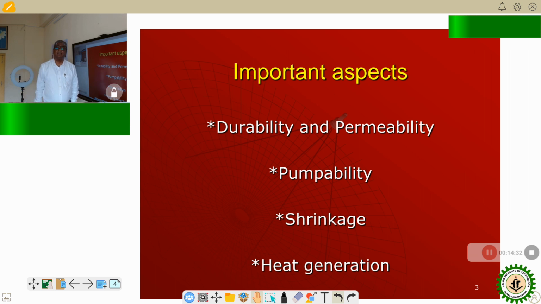Second thing, the more the heat, the more negative effect it has on concrete. During the hardened stage, the incipient flaws within the concrete may widen, and as a result, you may get less strength in concrete.